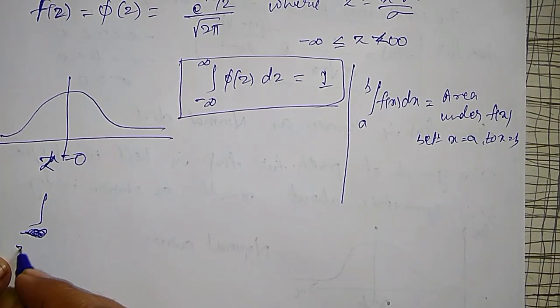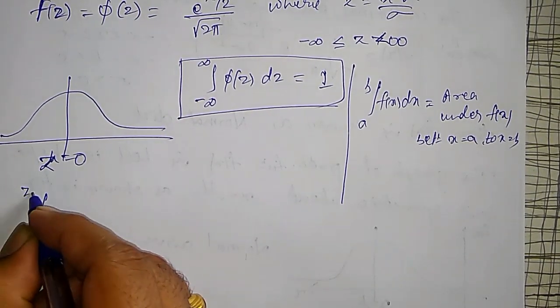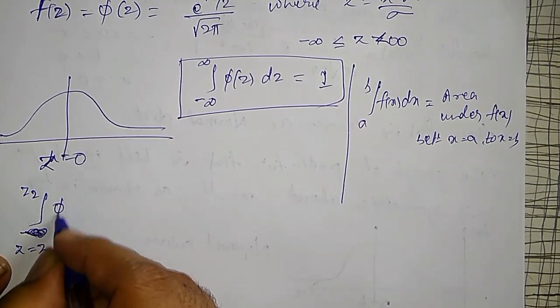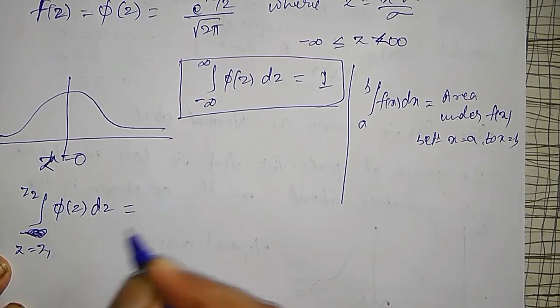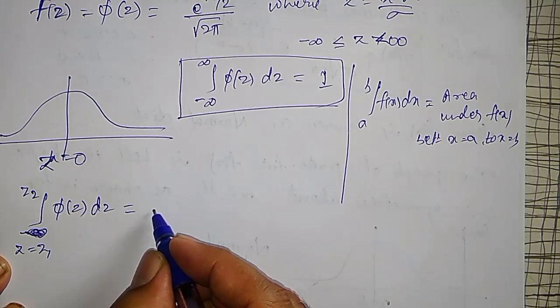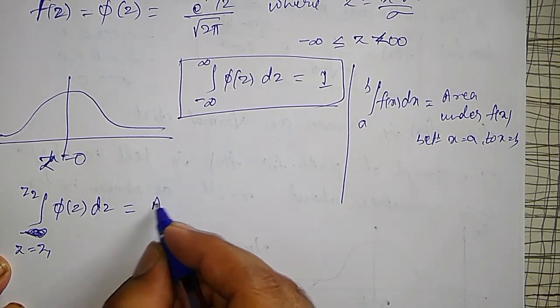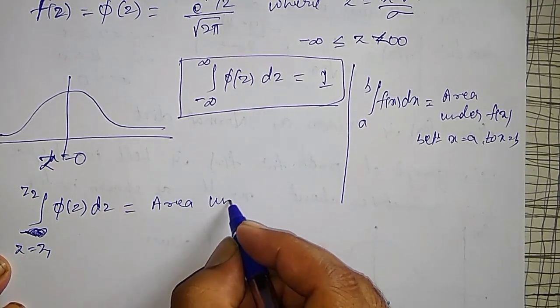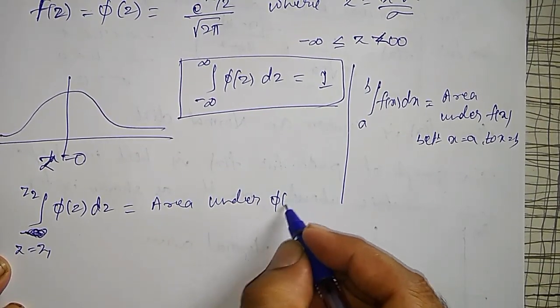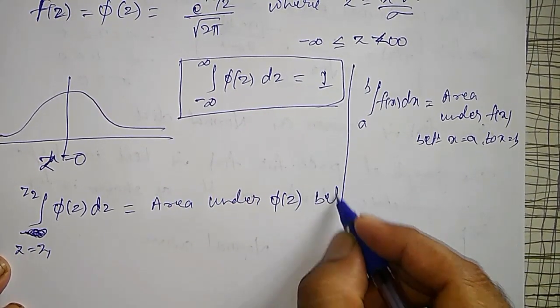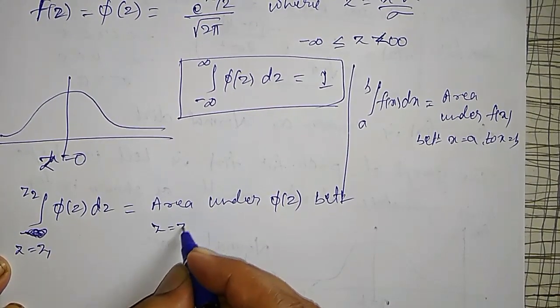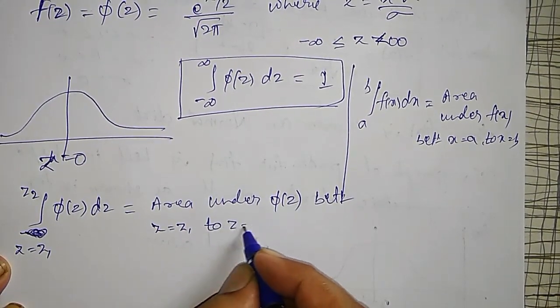Now let me take the integration from z equal to z1 to z equal to z2 of phi of z dz. It represents the area under phi of z between z equal to z1 and z equal to z2.